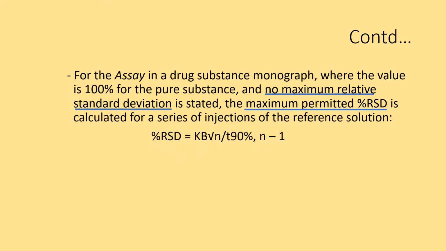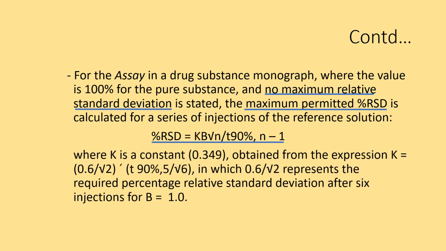The formula is like this: percentage RSD is equal to K multiplied by B multiplied by root N divided by T90 at n-1 degrees of freedom, where K is a constant which is 0.349, obtained from the expression K is equal to 0.6 divided by square root of 2 multiplied by T90 5 divided by square root of 6, in which 0.6 divided by square root of 2 represents the required percentage relative standard deviation after 6 injections for B is equal to 1.